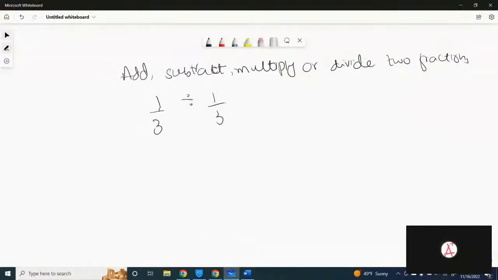You already learned in the previous grades how to multiply and divide fractions. Let me just go through it again. Whenever you are dividing two fractions, you have to convert the division sign to the multiplication one. But when you convert it to multiplication, for the fraction that is after the division sign, you have to take the reciprocal of the term. Reciprocal means you have to interchange the numerator and denominator. Got it?